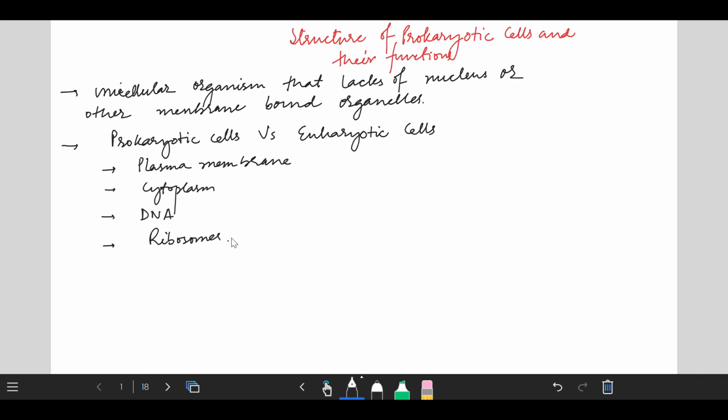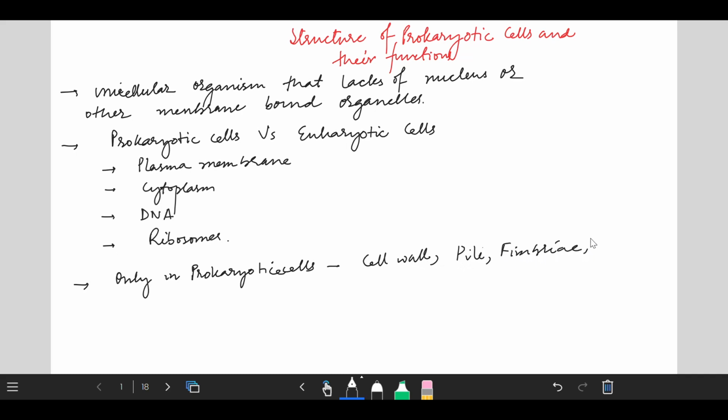And others which are only found in prokaryotic cells are the cell wall, pili, fimbriae, flagella, etc. You need to be clear about all the components, everything you need to know from an exam point of view, for your knowledge, for any kind of entrance or competitive exams.